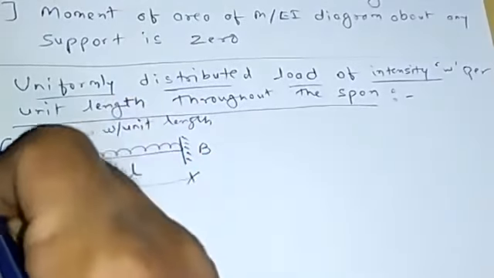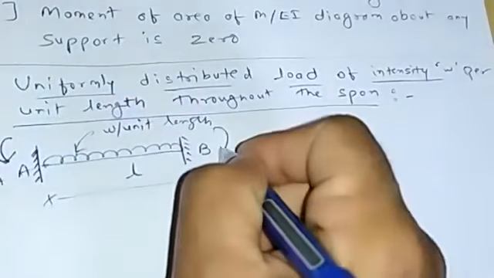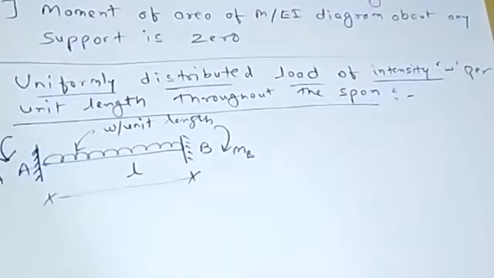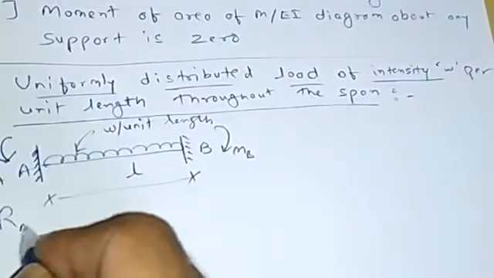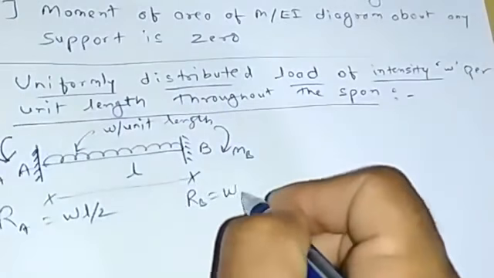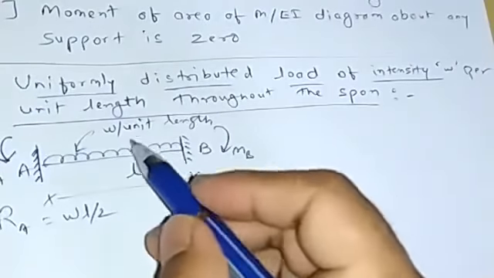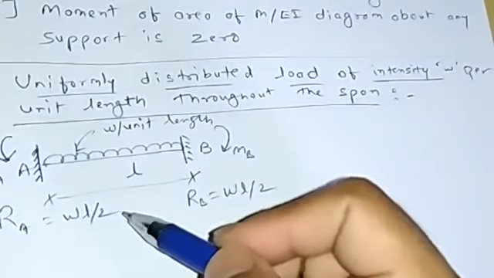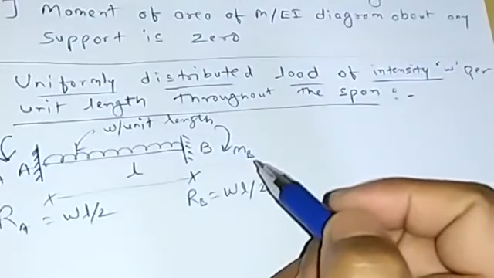Because of the fixity, you'll have the moments MA, MB. RA would be equal to WL by 2 and RB would be equal to WL by 2. It will be the same because W into L is the total load, divided by 2 for one part, WL by 2 for the other part.